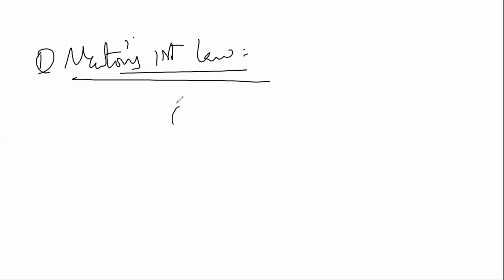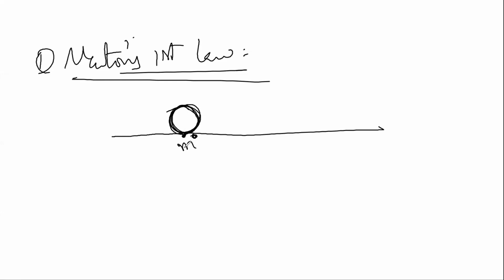If you have a body here, every body continues to be in the state of rest. It is at rest now. The body is of mass m. Now the body is at rest, that is at this position. This is O. If I take it as O, the ball is at O. That means it is not in motion.